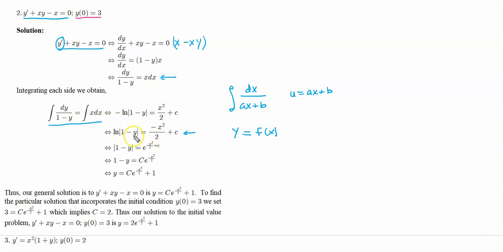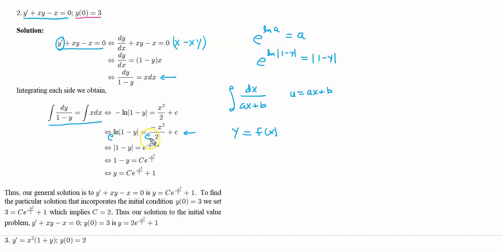Now, we want to get the y out of this ln, so we'll take e of both sides. Remember, e to the ln of a is just a. So we'll have e to the ln of the absolute value of 1 minus y, which is just the absolute value of 1 minus y, and then we will have removed the ln.